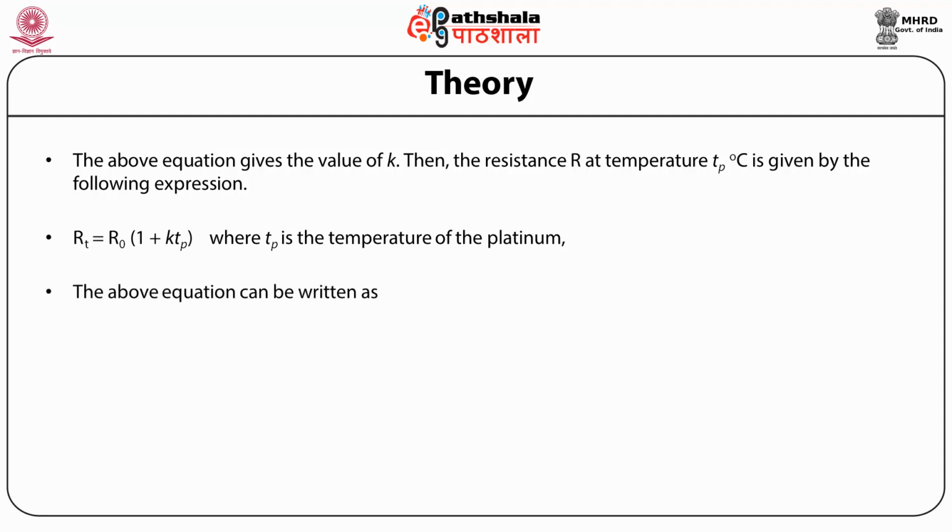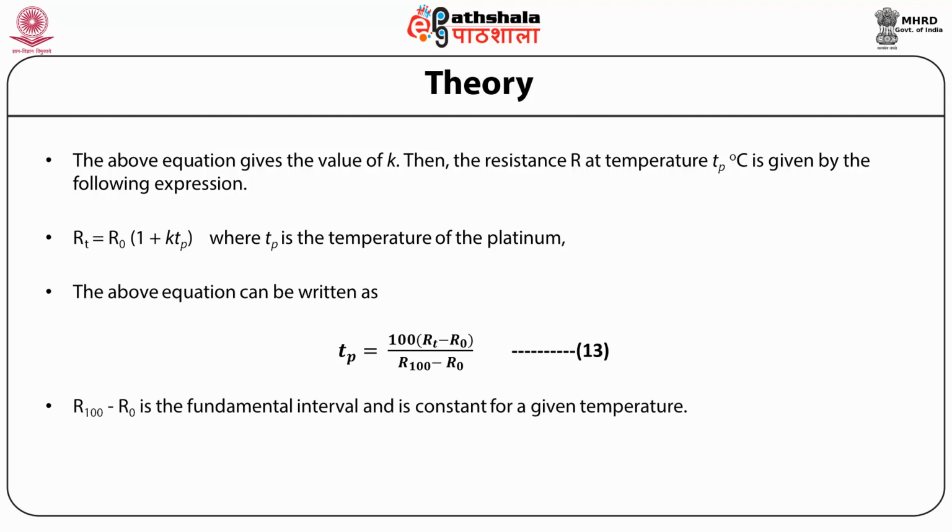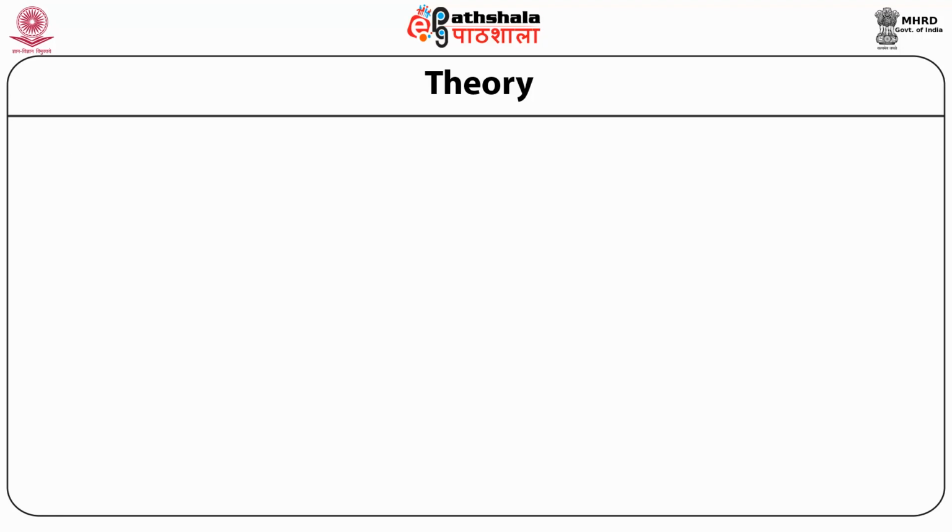The above equation can be written as Tp = 100 × (RT − R0) / (R100 − R0). This is equation 13. R100 − R0 is the fundamental interval and is constant for a given thermometer.